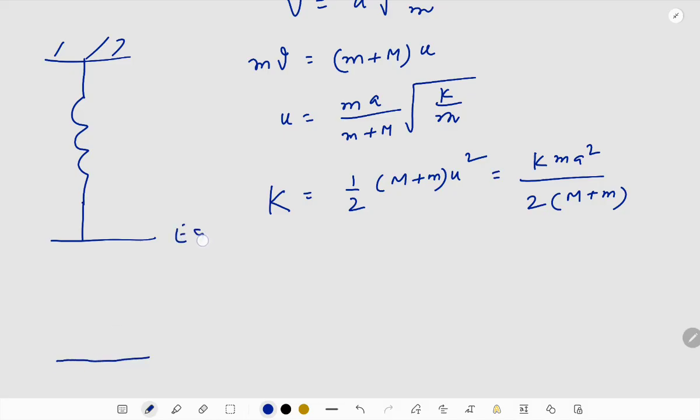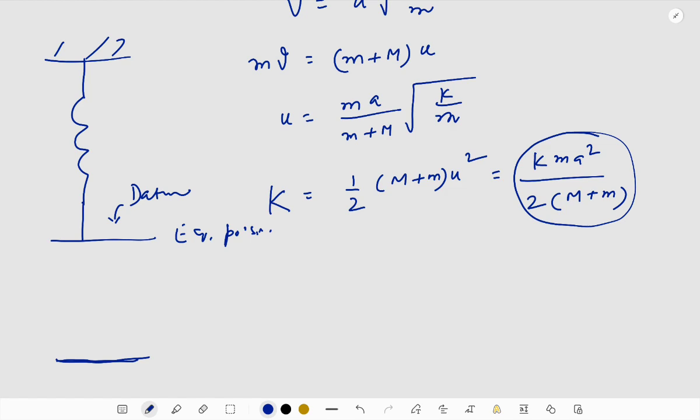This is the equilibrium position, and the system is ready with this kinetic energy, the total mechanical energy at this moment. The datum is right here, and this is the position of maximum deviation from the equilibrium position.